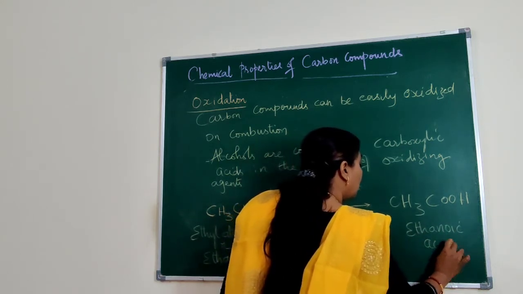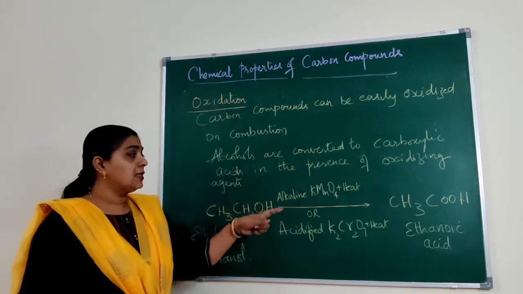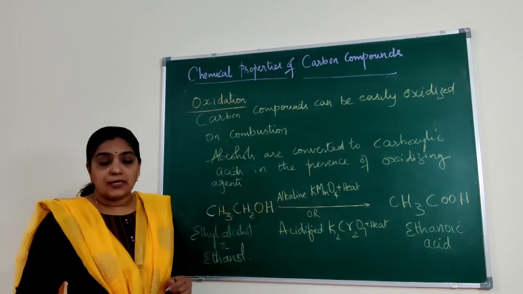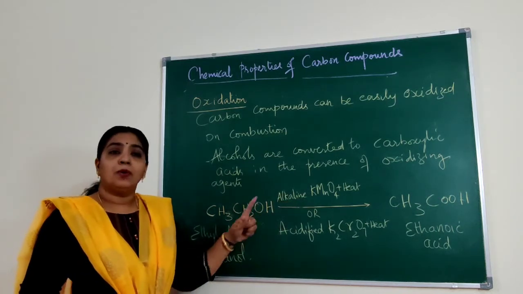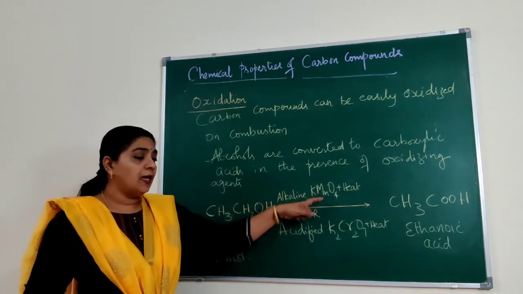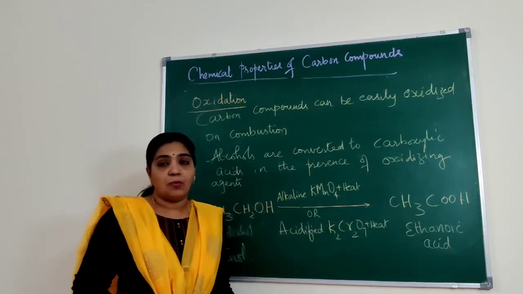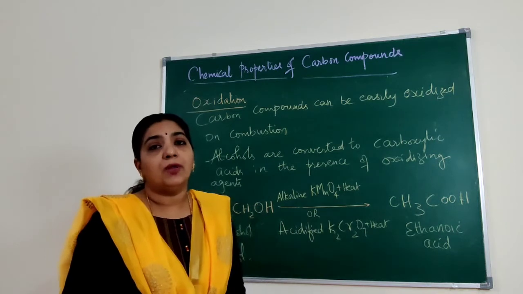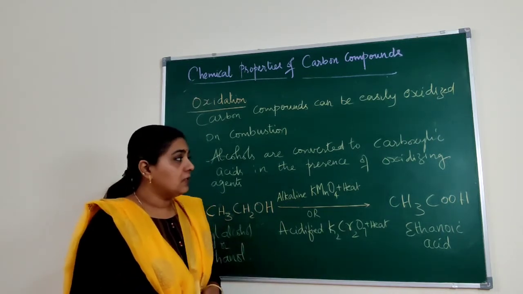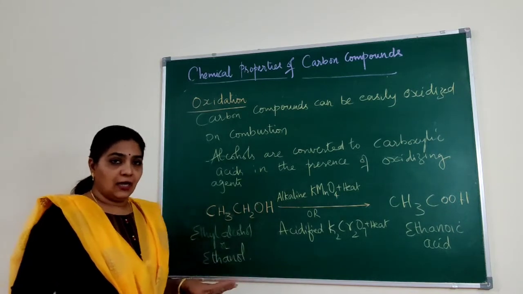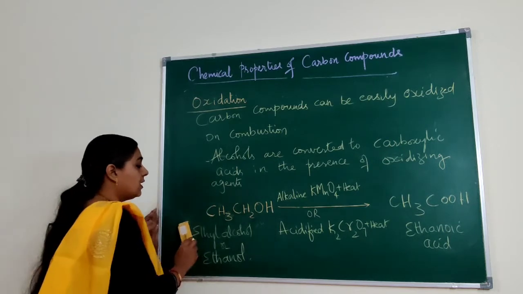So alcohols will get converted to carboxylic acid by using oxidizing agent. Here we have used alkaline potassium permanganate KMnO4, or acidified potassium dichromate, and you heat it, the alcohol will get converted to ethanoic acid. They add the oxygen, that's why it is called oxidizing agent. So that's about oxidation.